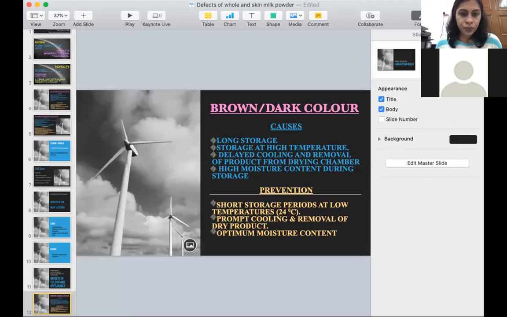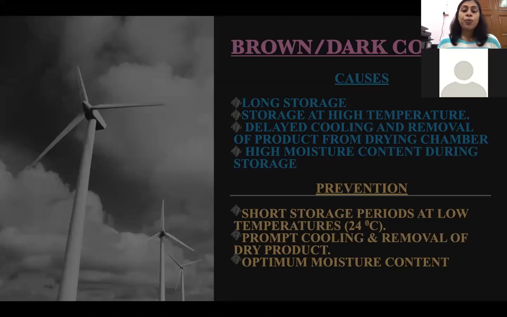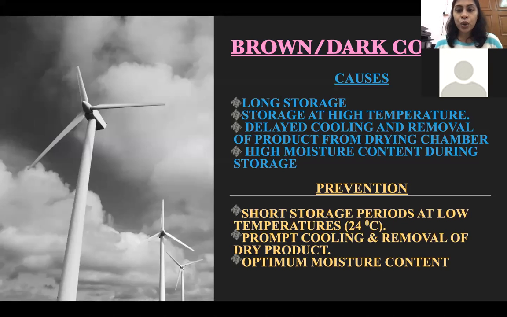Okay, ma'am. So I'll start the screen sharing again to where we had paused. Browning and dark color, this was the point, right? As I told you, it totally happens due to the Maillard reaction. We had discussed the defects, so how can we prevent it?